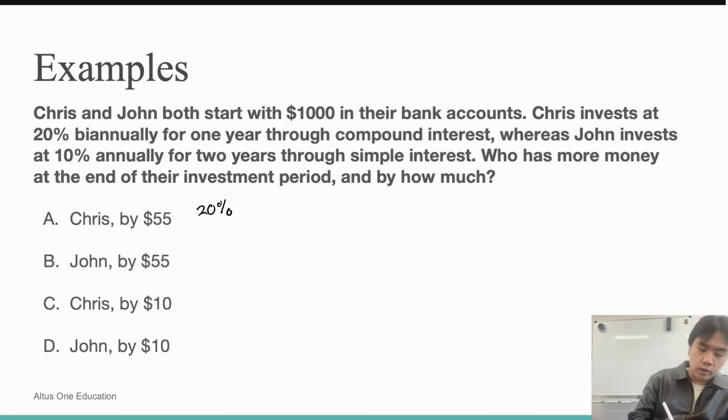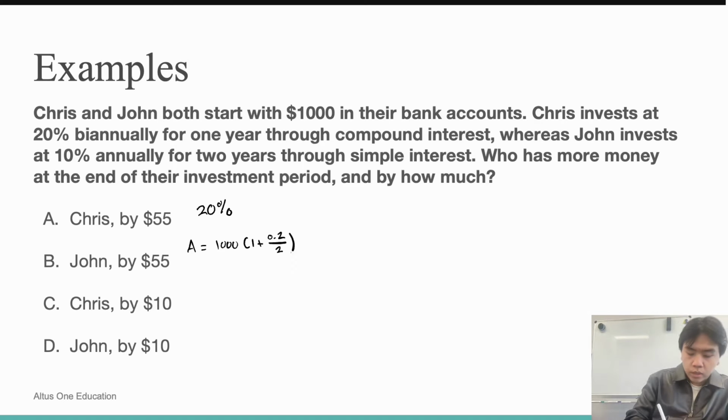So let's use the formula. A is equal to the principal amount, in this case it's 1,000, times, in brackets, 1 plus the rate, so 20%. Now, this needs to be in decimal form. So 0.2 divided by n. My n here comes from the biannually, so 2, as n is the number of times compound interest is applied in 1 year.